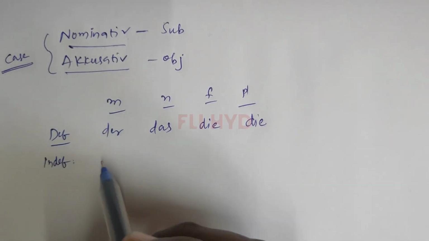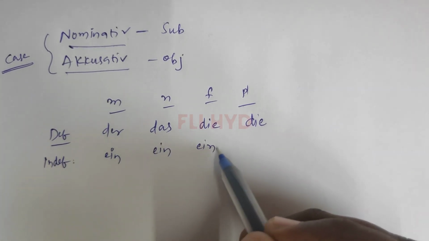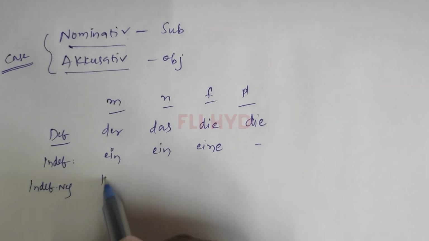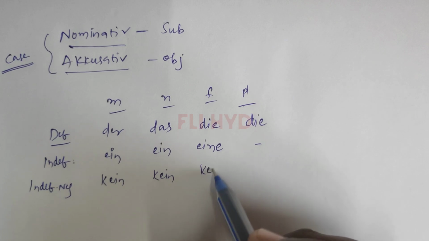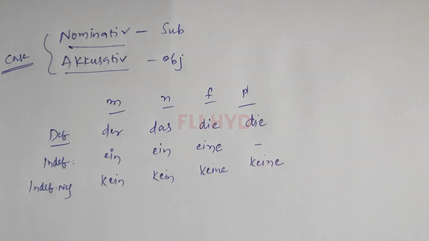Indefinite article: male ein, neutral ein, female eine, and plural we don't have. And indefinite negative: male kein, neutral kein, female keine, and plural keine. Clear? So this we learned in the beginning.